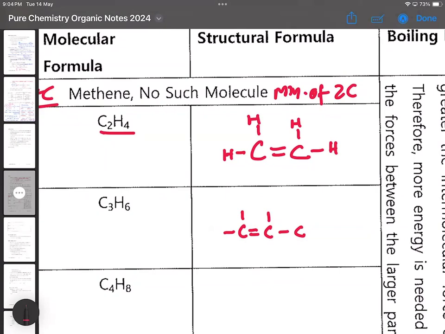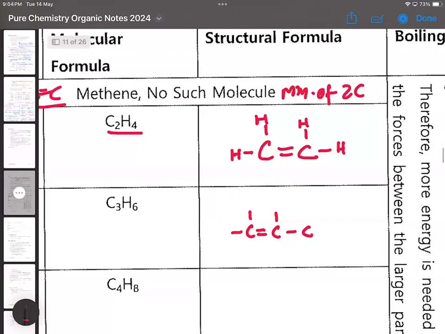And the carbon on the right-hand side, the rightmost, has only 1 bond, so it needs 3 more bonds. So this is the structure of your 3 carbon alkene. And when you fill all this with hydrogen, you get the formula of C3H6.